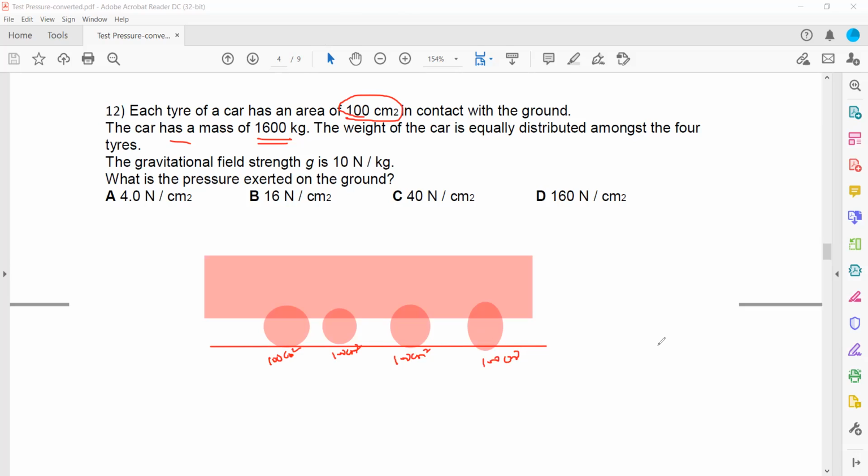So what is the total area in contact? That will be equal to 400 centimeters square. That's the total area of the car tires which is in contact with the surface.